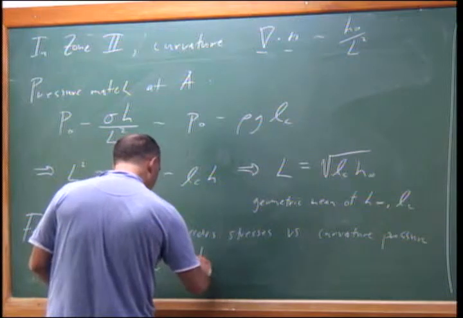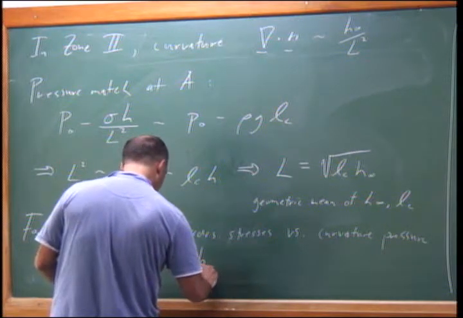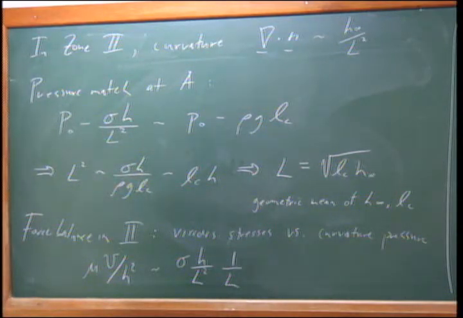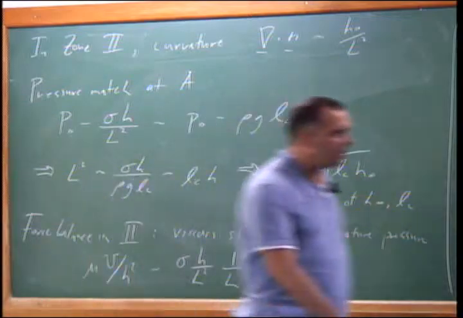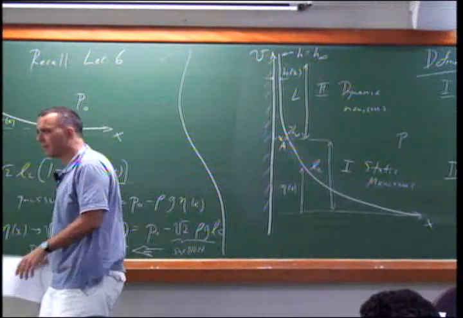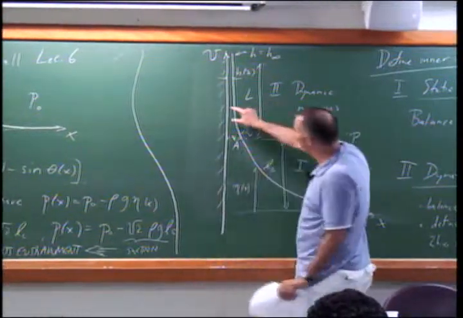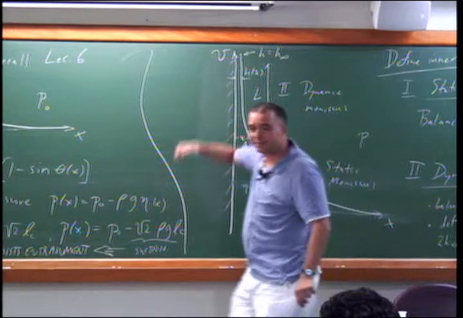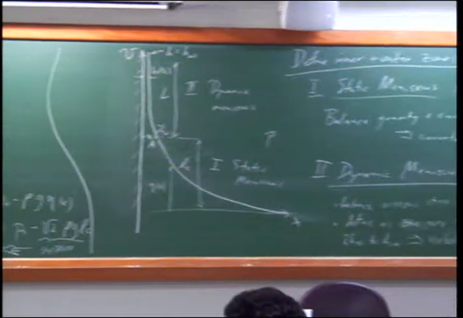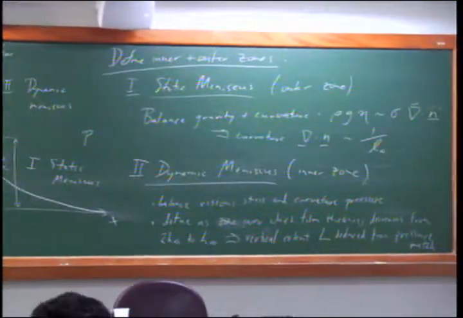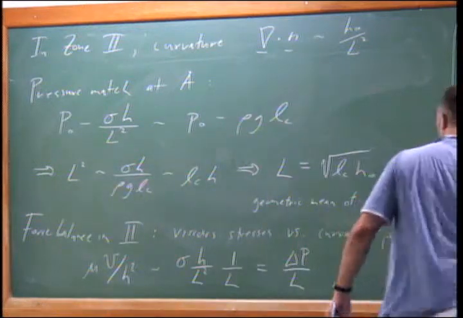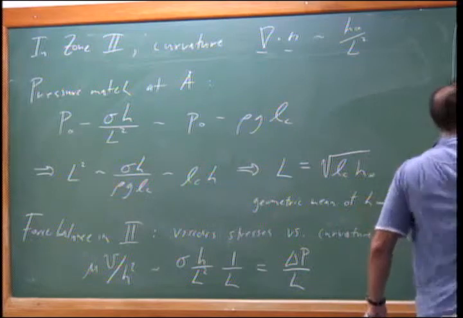So the gradient in curvature pressure is sigma h over L squared, and we need a gradient, so we divide by 1 over L, right? So that's the gradient in curvature pressure as you go from here to here, right? So it's basically the local gradient. One has a gradient of curvature pressure everywhere within this region, which is balancing the viscous stresses. Okay, because this is, of course, delta P over L.